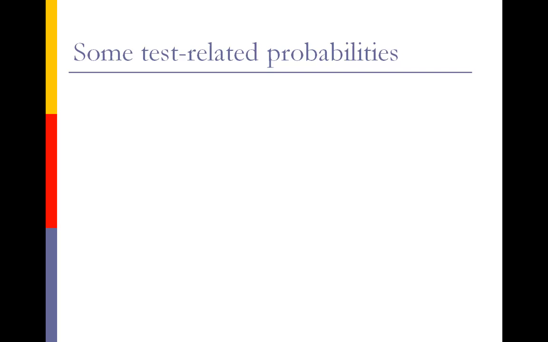However, lab tests, even though our technology has gone a long way, are still not perfect. So sometimes errors can be made, and sometimes an error can be related either to the fact that the test itself is not totally accurate, or to the fact that there may be some mistake in the performance of the test. So there are some probabilities related to this phenomenon.